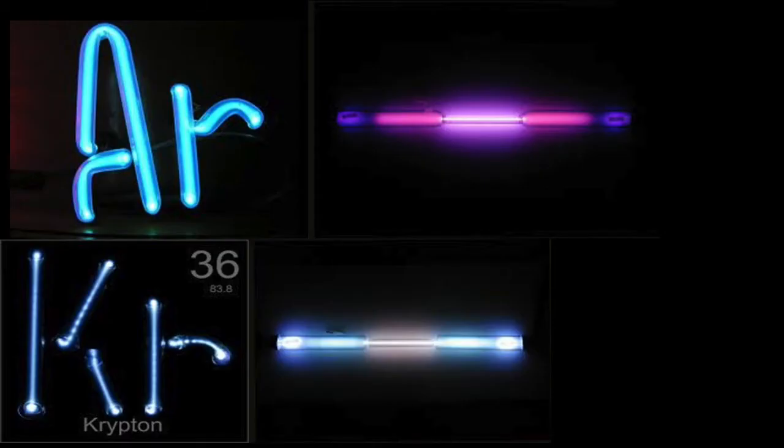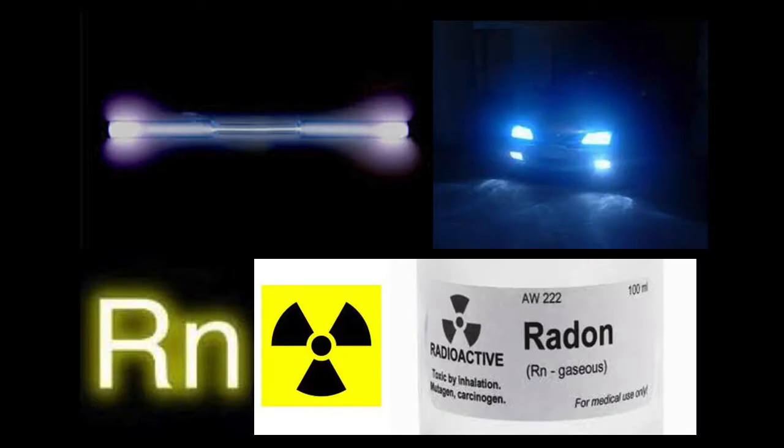I'm not sure it's going to move a house, but fair enough. Argon is often used in science, in experimentation, to help create a vacuum. Krypton, radon is often found in basements of houses.